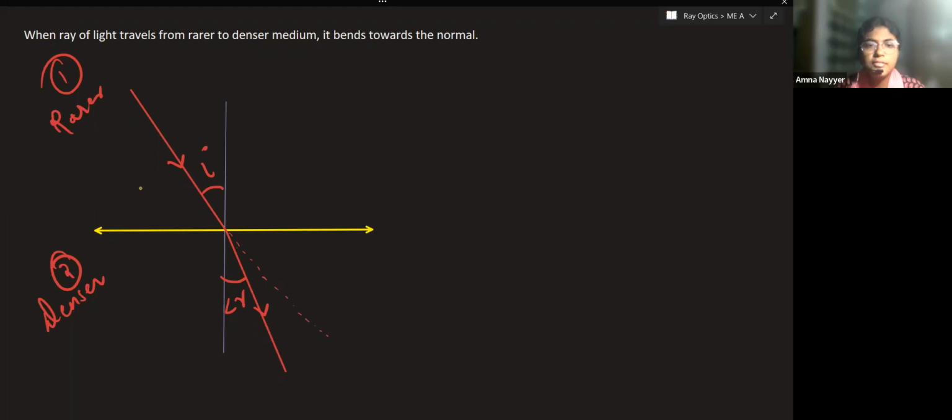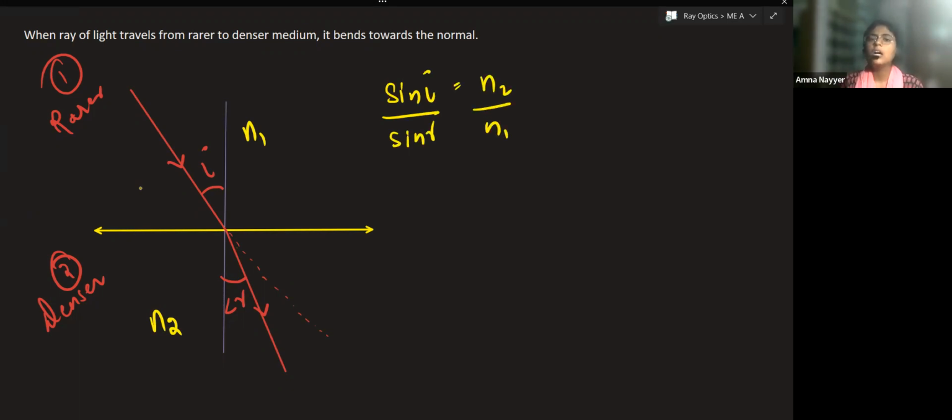So let's say the refractive index of this side is N1, this is N2. Now, if you apply sine I by sine R is equal to N2 by N1, or you can do one more thing: whichever is the refractive index, multiply it with that sine. For example, N1 into sine I is equal to N2 into sine R. See, both of these are the same.